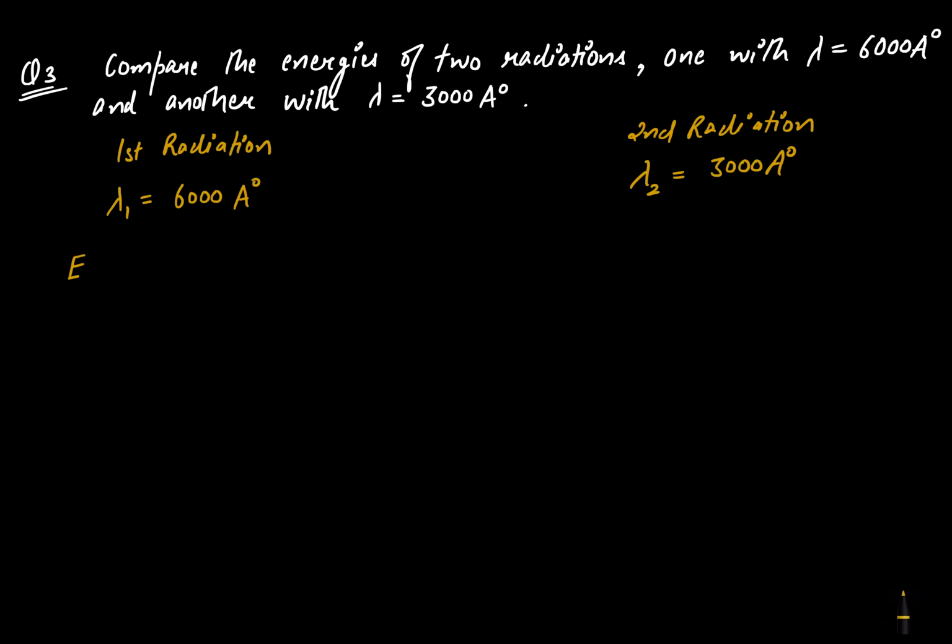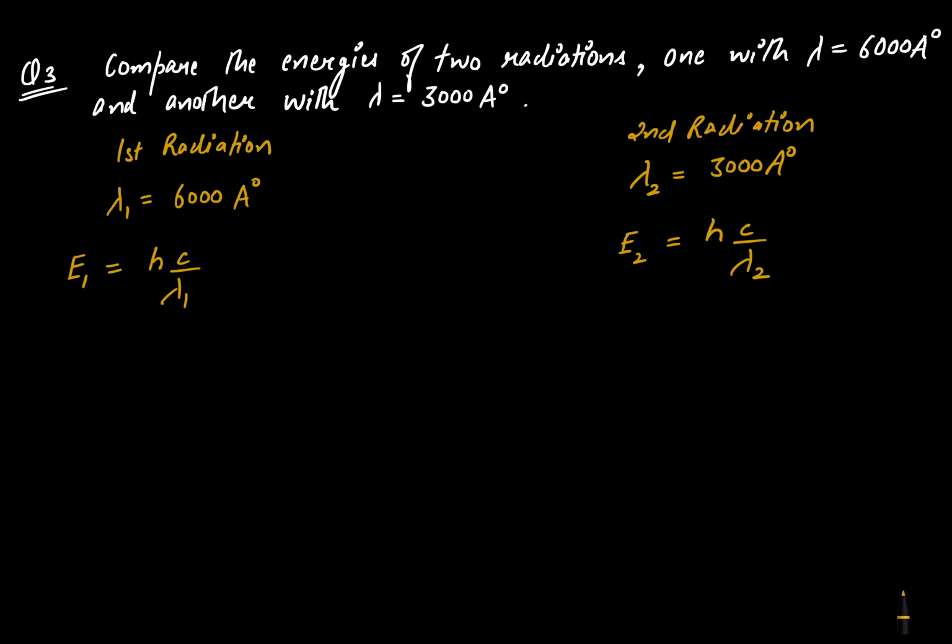It comes out to be hc by the wavelength of the first radiation. The energy of the second radiation is hc by the wavelength of the second radiation. Because h and c are constant values, I have not written subscript 1 there. The wavelength is variable, so I have written lambda 1 and lambda 2.